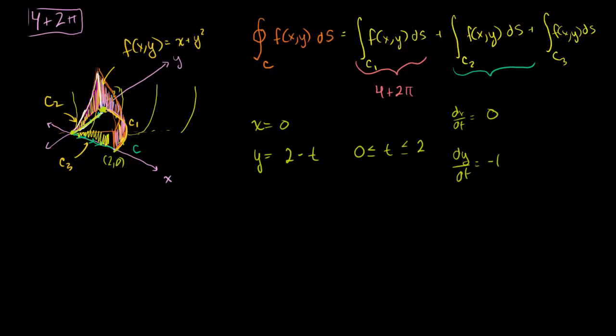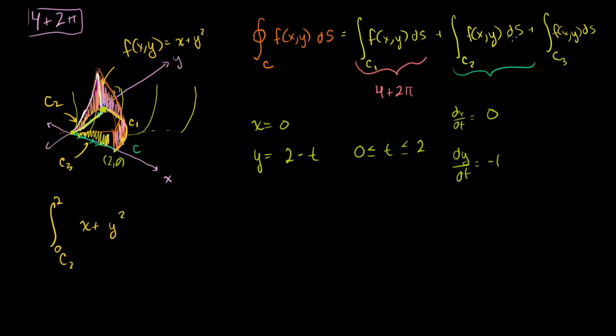And so let's just break it up. We have the integral along C2. I'll leave C2 there, but we'll say we're going from t is equal to 0 to 2 of f of x, y. So f of x, y is this thing right here, x plus y squared.